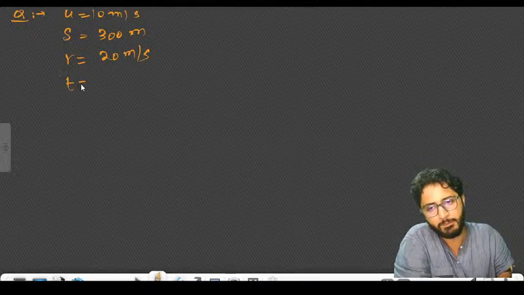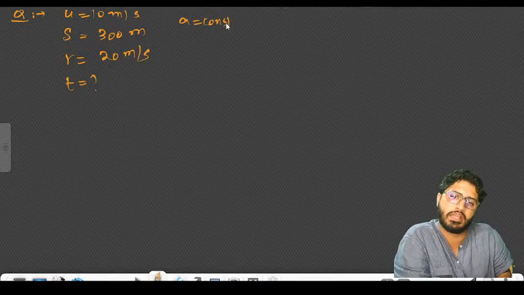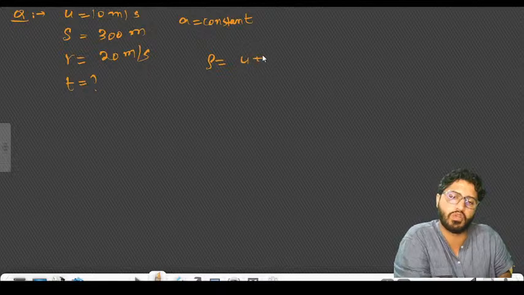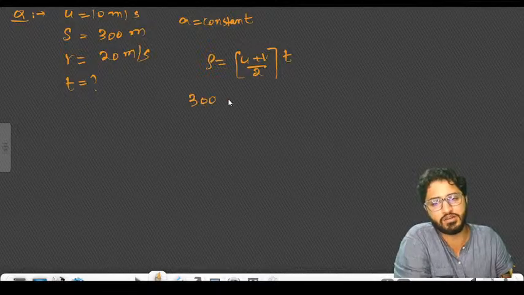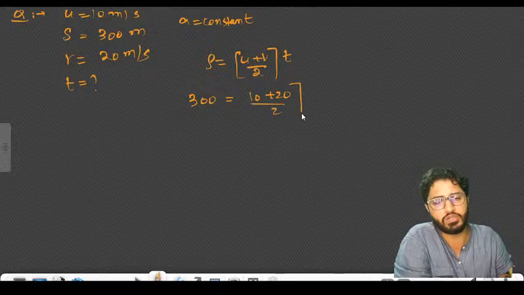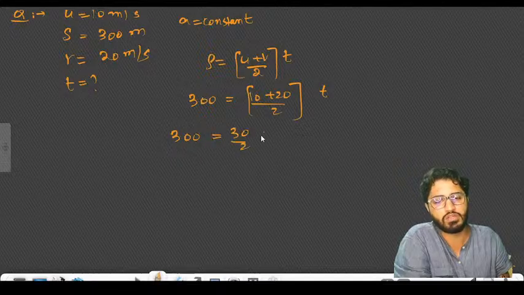Find the time. If A is constant, simple. S equals U plus V divided by 2 multiplied by T. Okay, S is 300, U is 10, V is 20, divided by 2 into T. So it is 300 equals 30 by 2 into T. Cancel out.